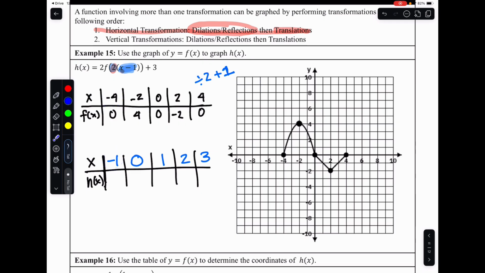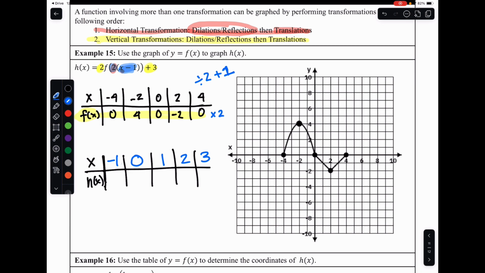Okay, now let's focus on the vertical transformations. The vertical transformations are on the outside of the function notation f of x. And we also have this 2 in the front, so this is 2 times f of x plus 3. So we want to do two things to the values of f of x. We want to multiply them by 2 and add 3 to that.